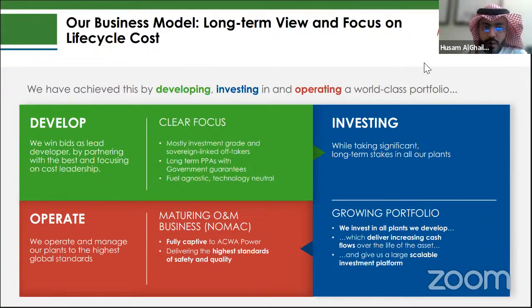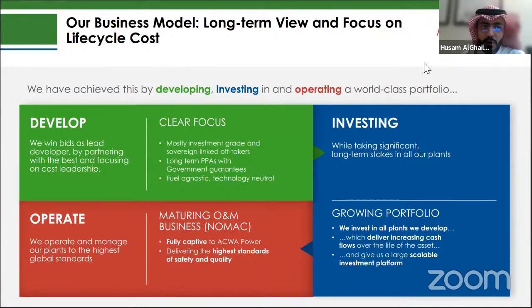And therefore, when we put our configurations together for a new project, we take that view. We try to always be competitive, being a developer, respecting the clients', the lenders', and the insurance companies' requirements, and making sure that our proposals and solutions are complete.